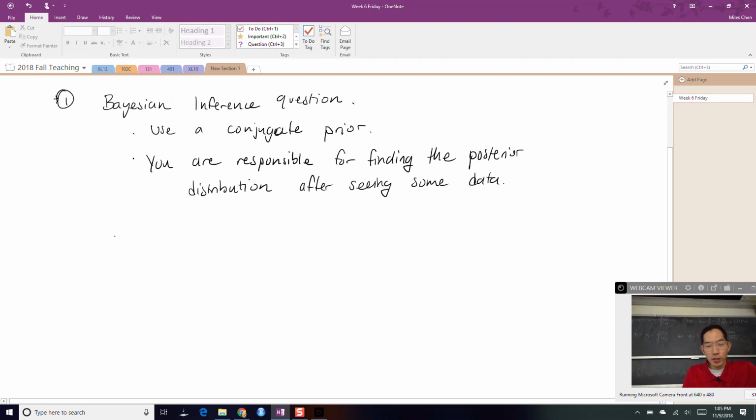Okay, so some examples we've seen was the data comes from a binomial, and the prior is a beta distribution.